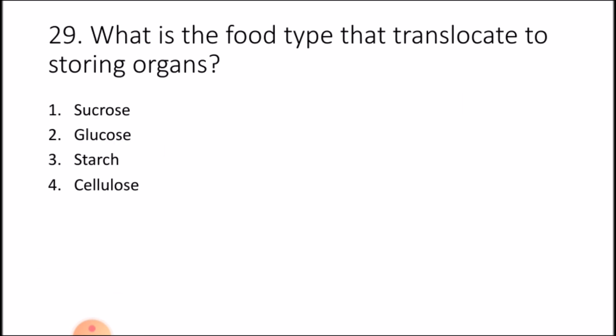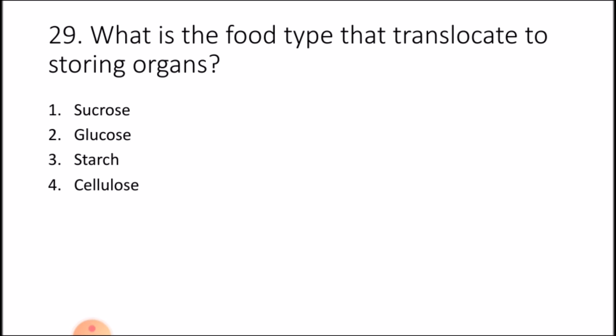Moving on to question number 29. What is the food type that translocates to storing organs in plants? This is related to plant photosynthesis. Briefly, first it produces glucose, and it temporarily stores this glucose as sucrose within the photosynthetic sites.